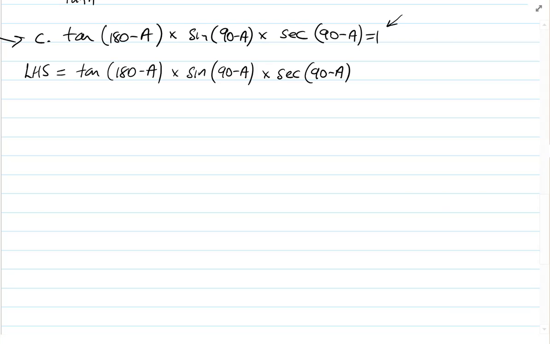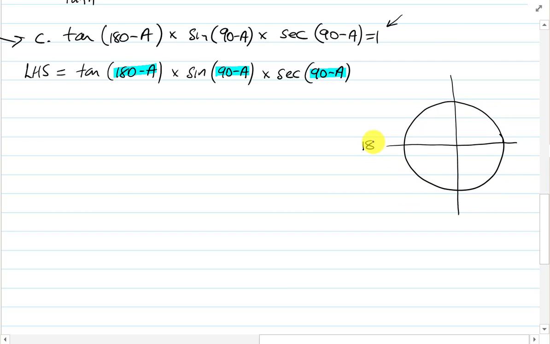But the first thing I notice here is that this and this, they're reading off the vertical axis questions. So I can see straight away that I'm going to convert them just using that reading off the vertical axis rule. But this 180 minus a, that's going to require a unit circle. So I'm going to put that one together with a unit circle and then do the rest reading off the vertical axis.